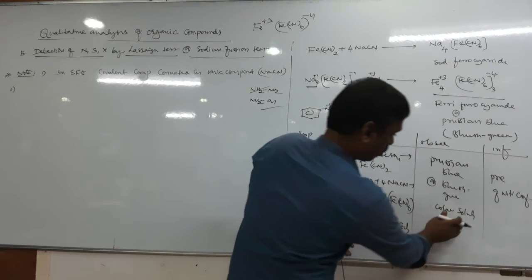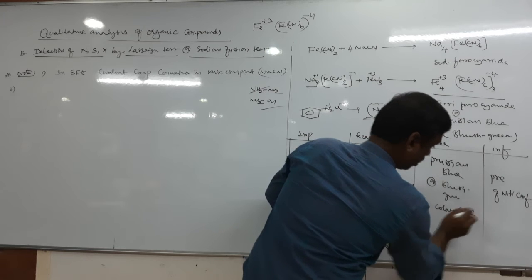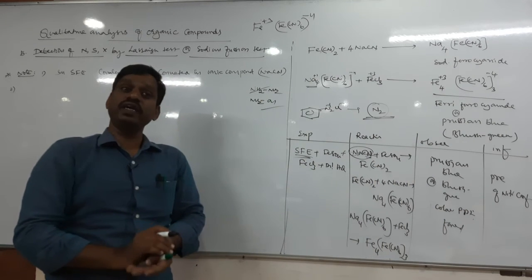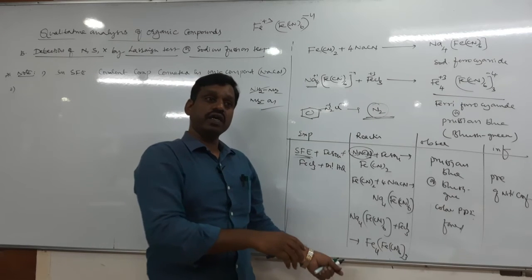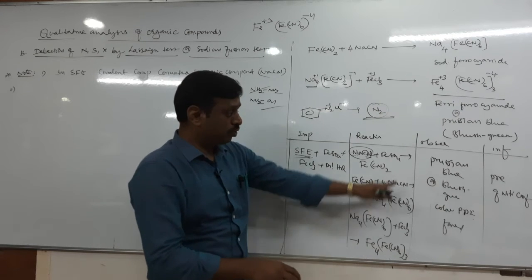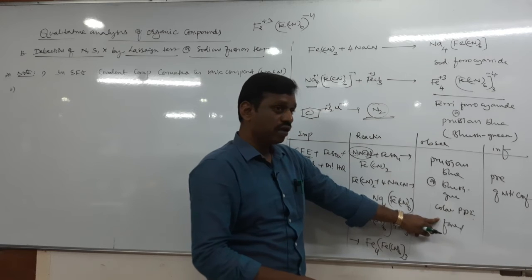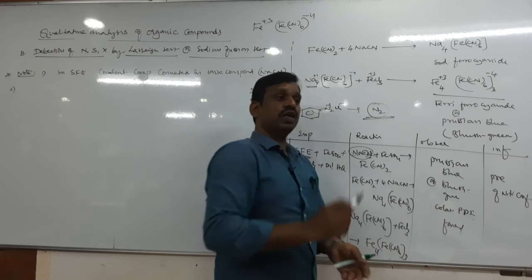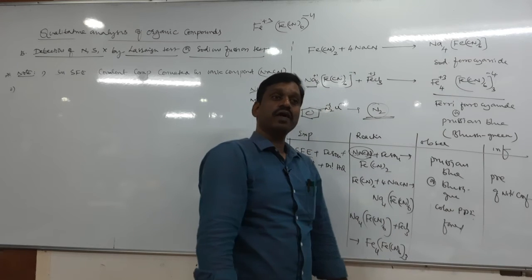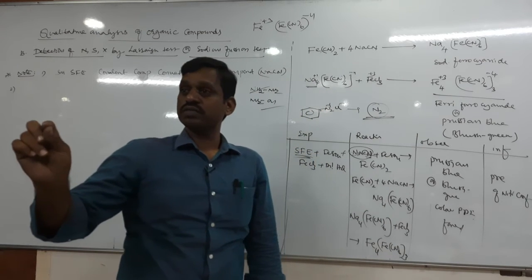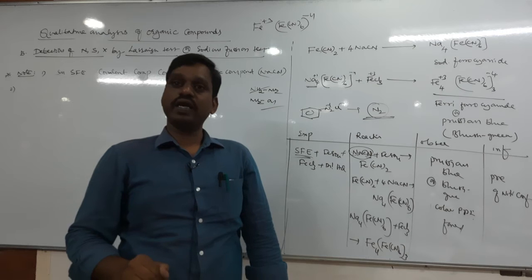It doesn't form as a precipitate, it forms as a colloid. So when it is formed as a colloid, its color changes. Prussian blue is actually bluish green, so it becomes only blue color. So the compound color becomes blue when the quantity of nitrogen is very less in the organic compound.